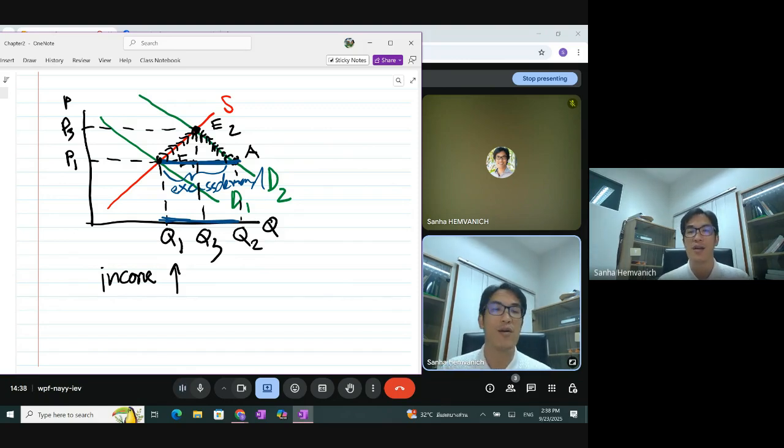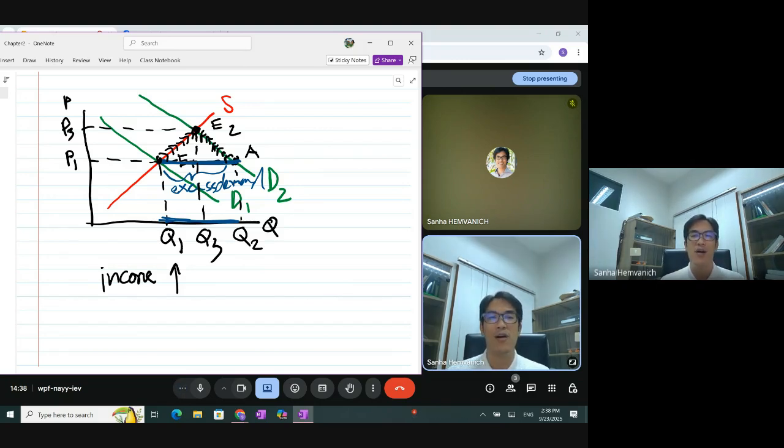Okay, so now in terms of exercise, you can try to draw a graph like this, right? You can come up with a situation, for example, like the price of a complementary good reduces, what's going to happen, right? Demand or supply, right? And as I said, the new technology, right?